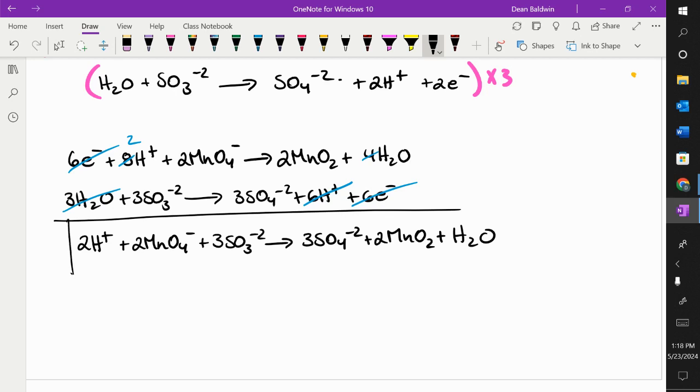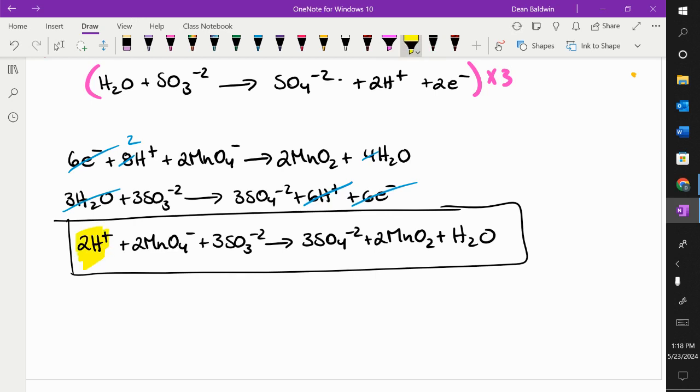All right, so does everybody get that? Everybody get to there? Okay. We're good. So that's clearly an acidic solution because we have the protons here.